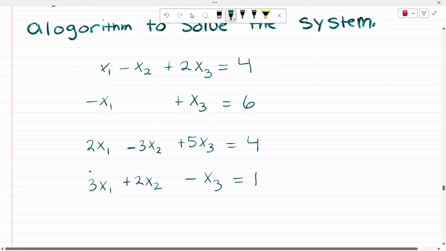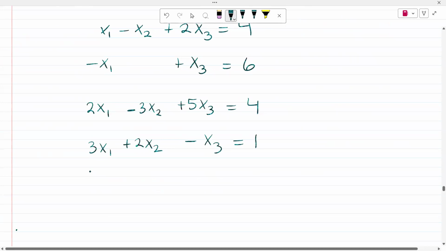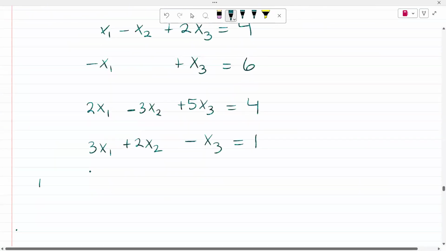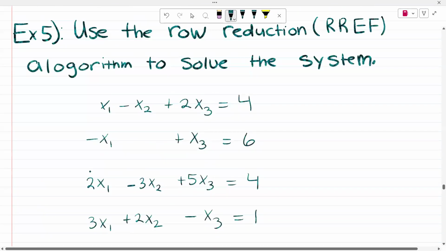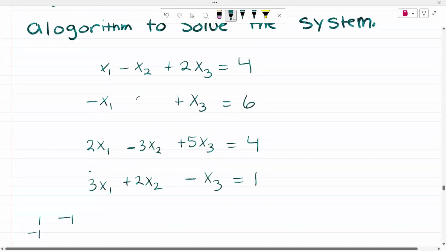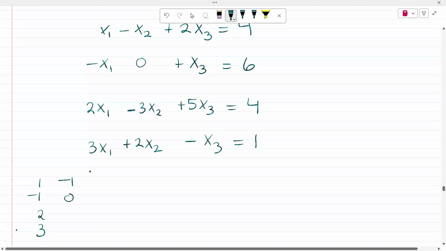First step is write it as an augmented matrix. So look at the column x1 and use the coefficients. Going down vertically, it would be 1, -1, 2, and 3, right? And if you look at the column x2, we have -1. Over here, we have a blank space, so that's going to be 0.